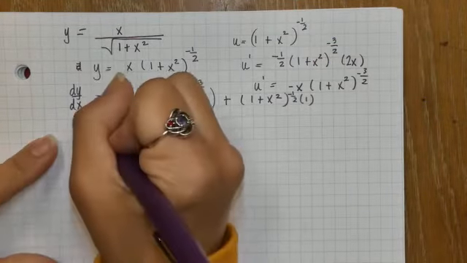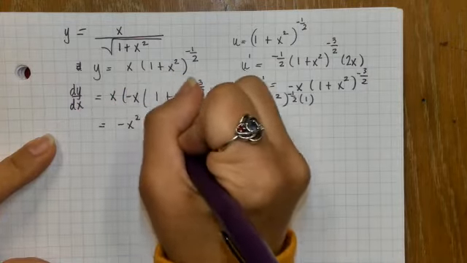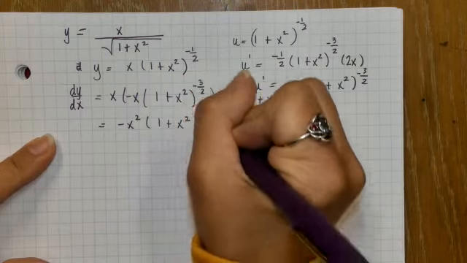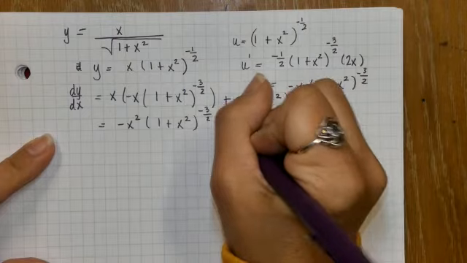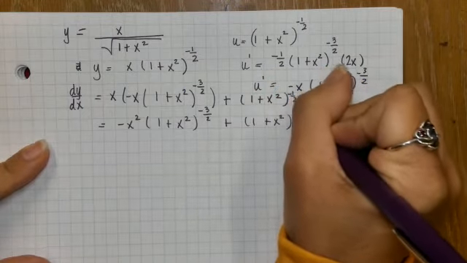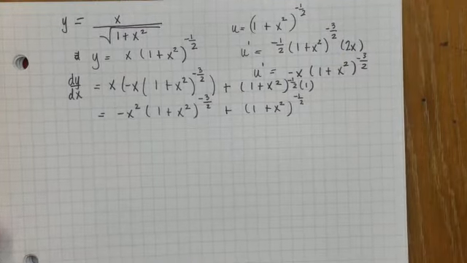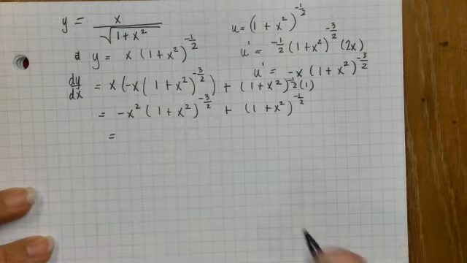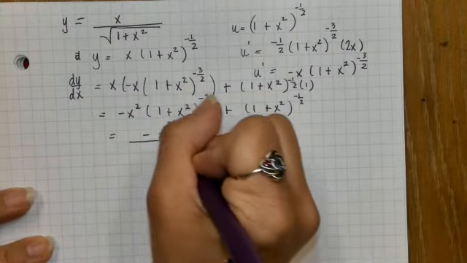So let's simplify this a little bit. This is going to be negative x squared times 1 plus x squared to the negative 3/2, and then plus 1 plus x squared to the negative 1/2. All right, so with these negative exponents, we're going to have to get a common denominator.